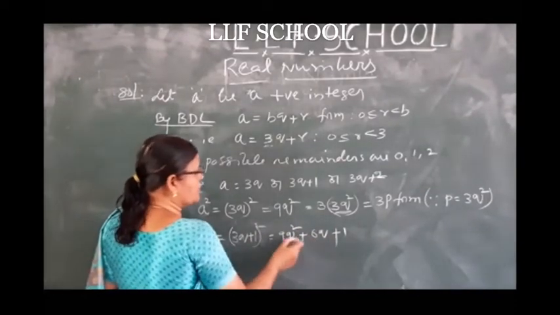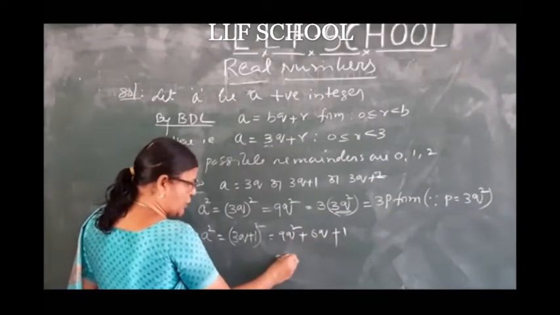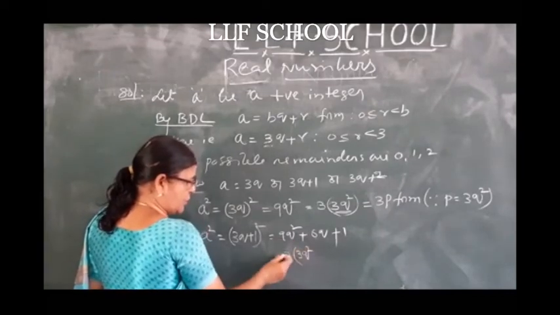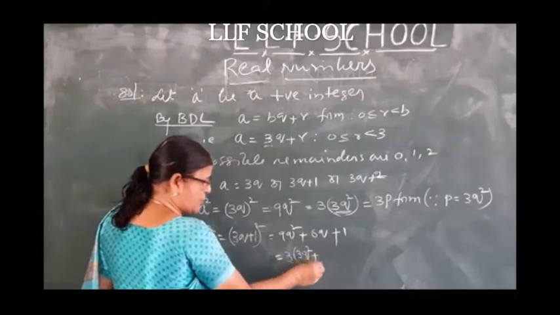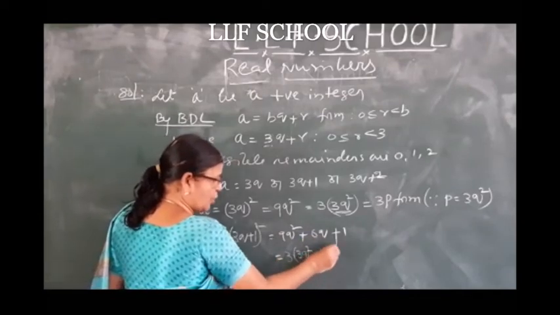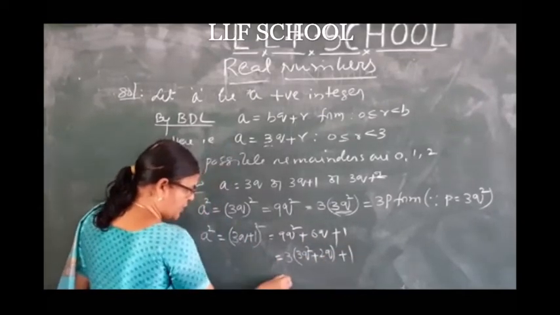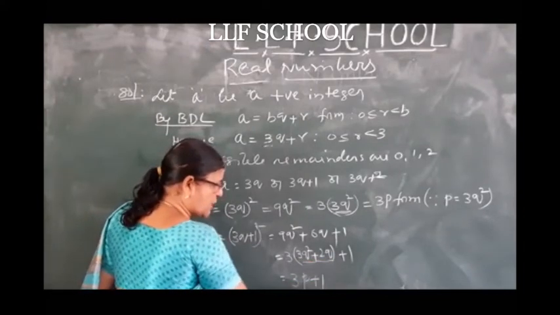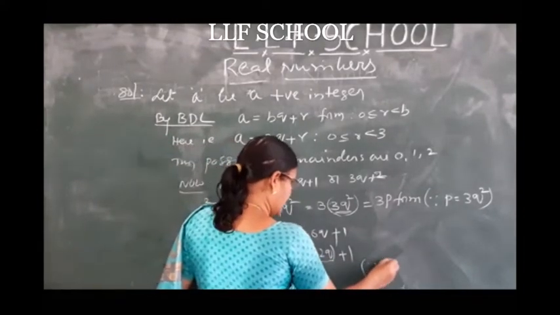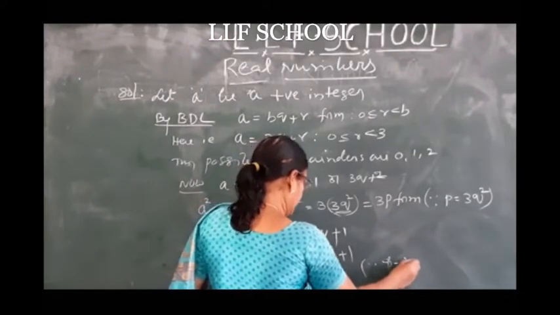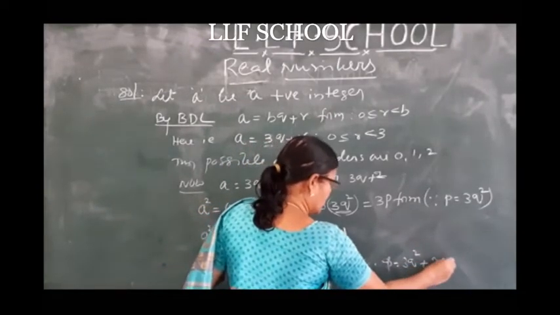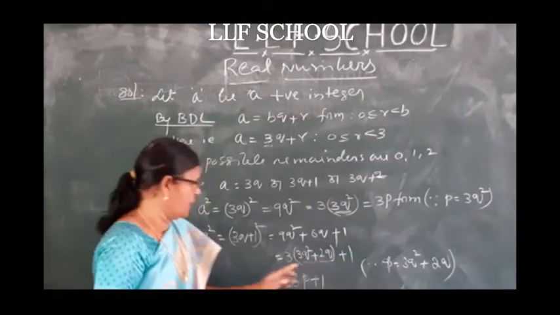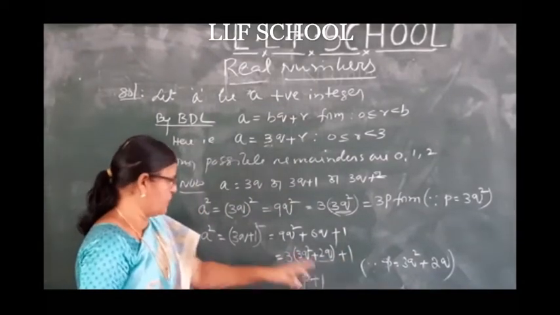Taking the first two terms, take only 3 common. 3 divides 9q square giving 3q square, and 3 divides 6q giving 2q, plus 1. Let this be p, then this is 3p plus 1, since p is equal to 3q square plus 2q. The quotient within the bracket, let it be p. p is some integer. Then 3p plus 1.